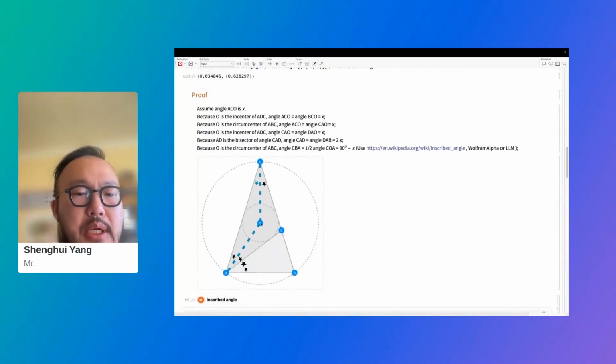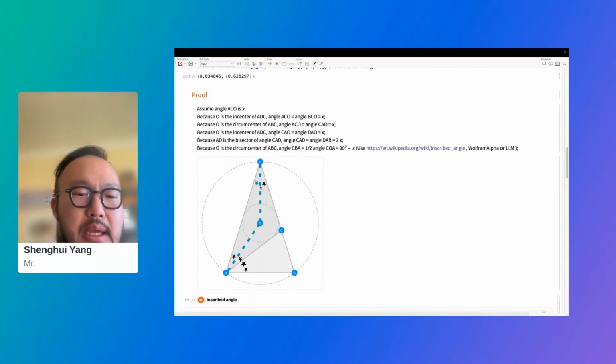So let's assume ACO is x. I'm marking it with a star. And then because it's an angular bisector, this part is also a star. It's a different star, but it's the same as x.